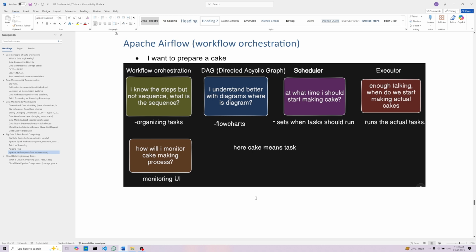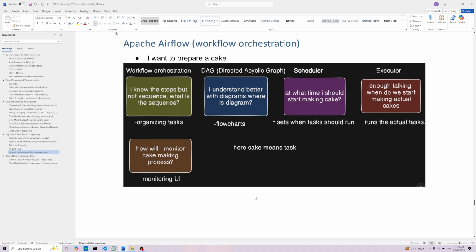Apache Airflow will provide you flow charts. Now, my next question is, at what time should I start making the cake? The answer is Apache Airflow. It will act as a scheduler. It can help you schedule the tasks.